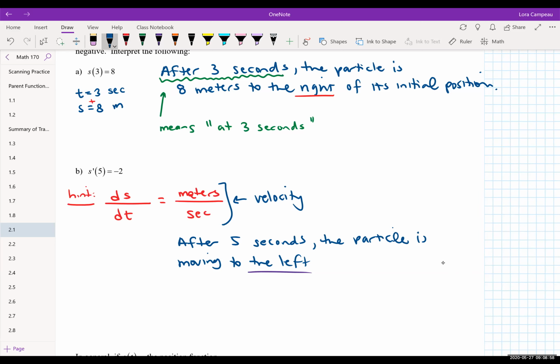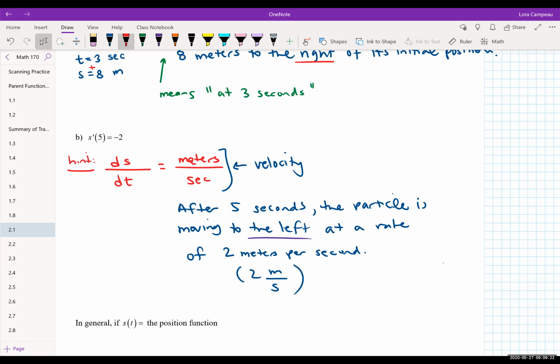At a rate of, now what's the calculation? 2 meters per second. Or some people like to write it as 2 meters over seconds. We've seen that before too.